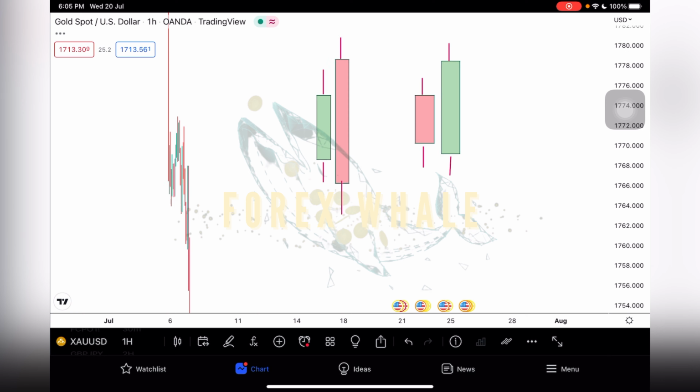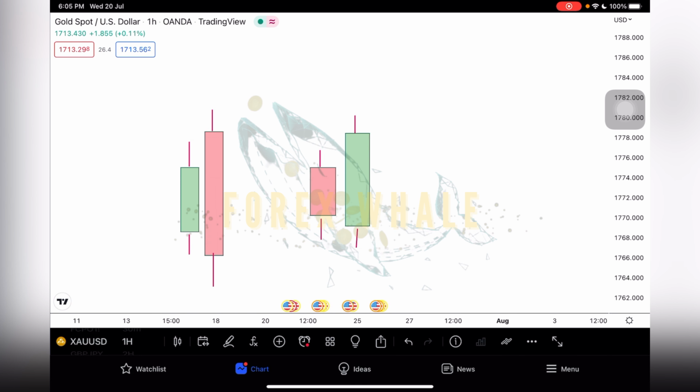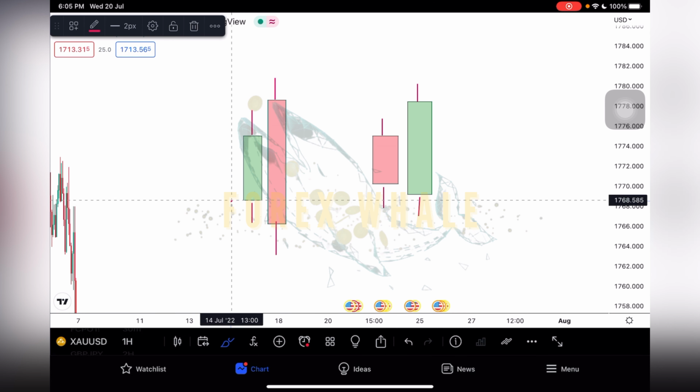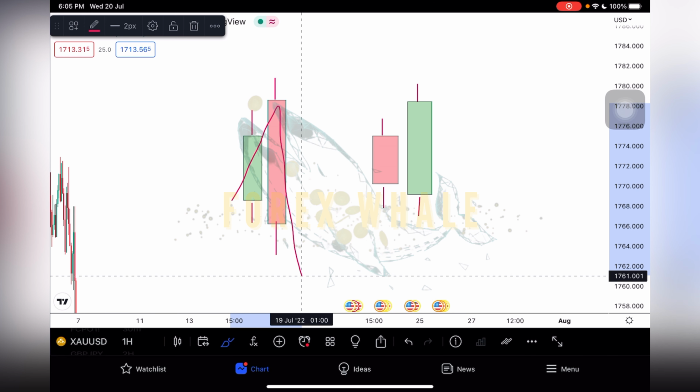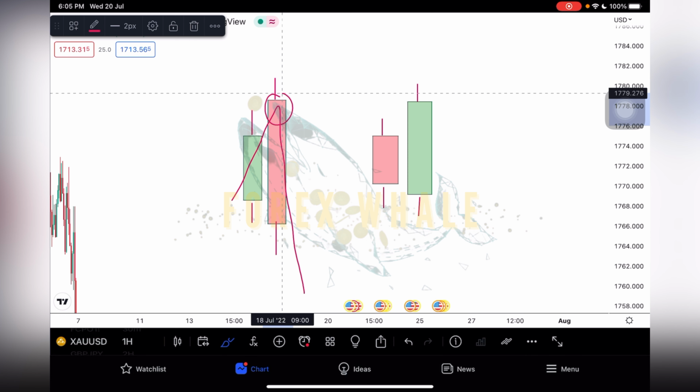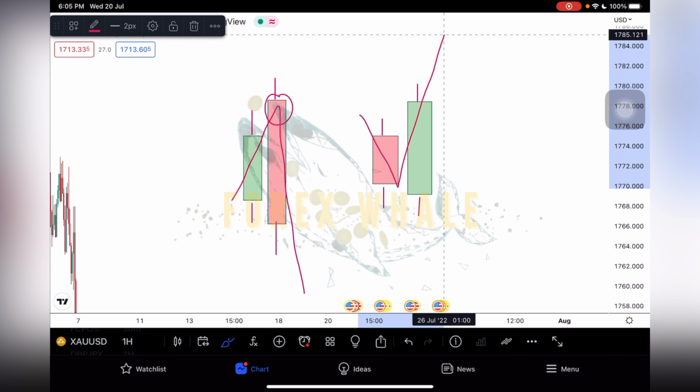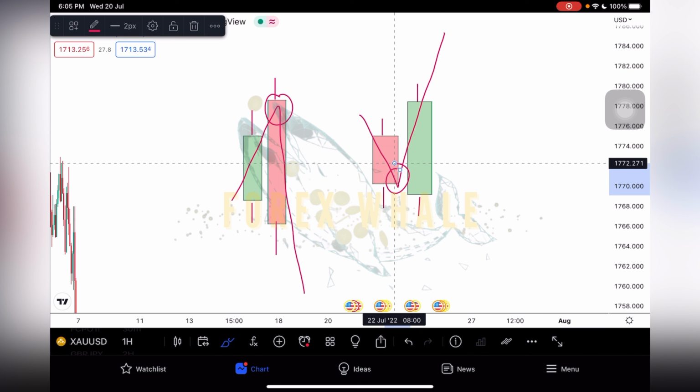Sometimes you can see this formation looking something like this, and it will also be at an SNR. If you've already understood SNR, you could probably just look for major SNR first, like for this one. A is your resistance, V is your support. It will look something like this.